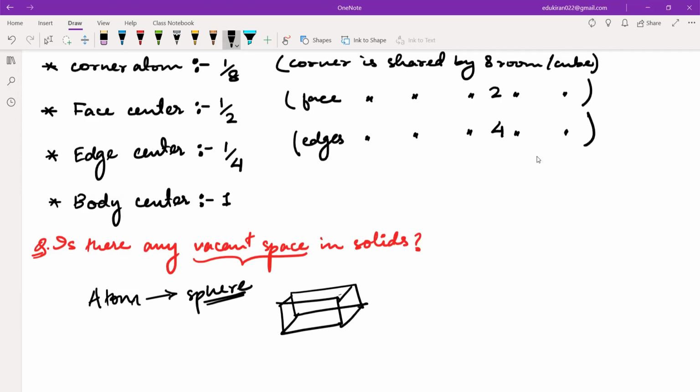Now, if you want to fill spheres into a cube or cuboid, imagine a room in which you are filling footballs. There can never be a possibility in which you fill footballs in a room and don't have vacant spaces. You will always have vacant spaces between the footballs. Yes or no? Correct.